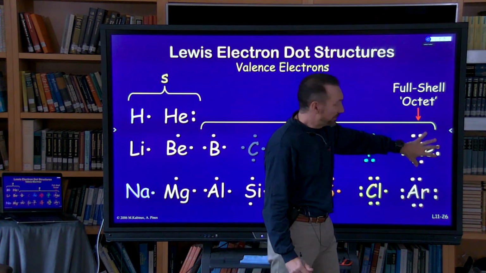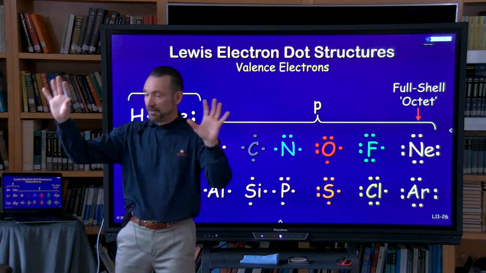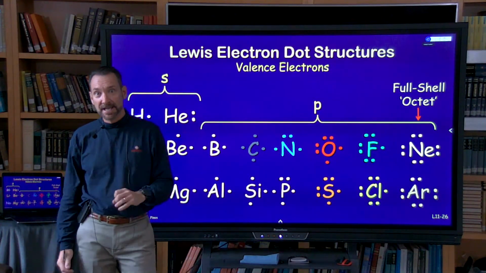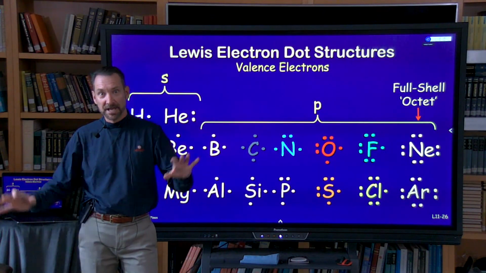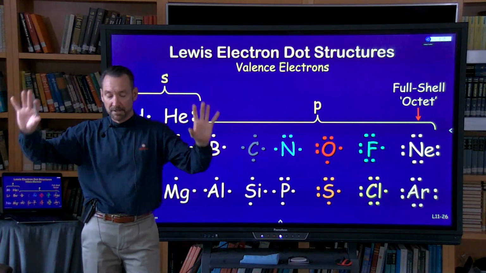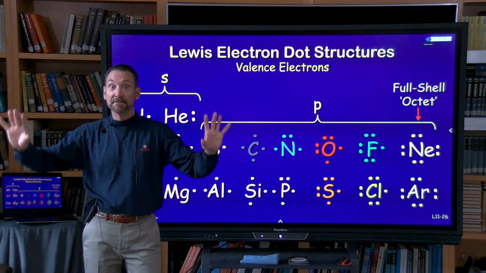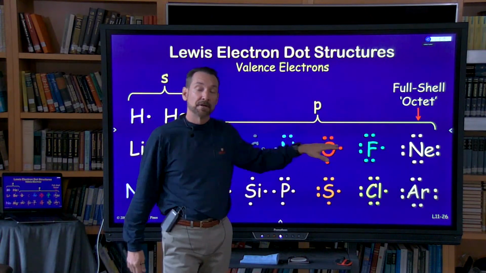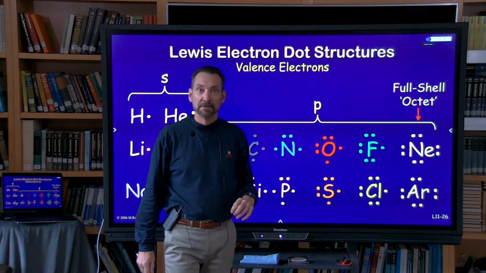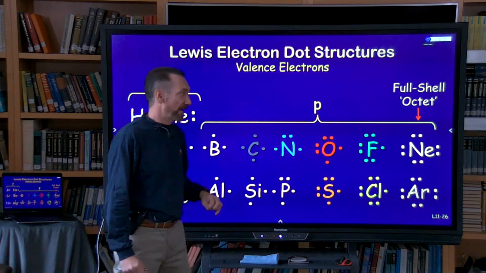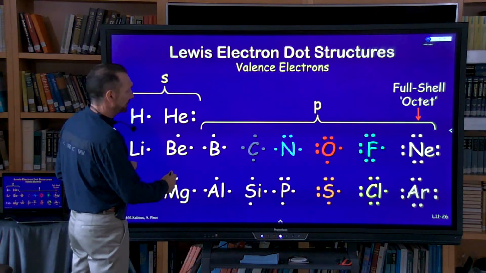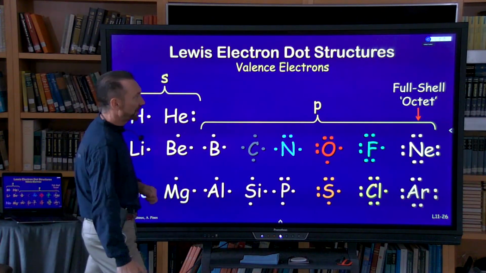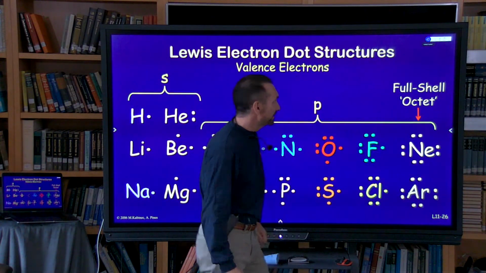So if you can get the elements, even in molecules, to have 8 electrons, that replicates the closed 2s or sp quantum shell, and that's what lends the stability, the low energy to the bond. So we call the full shell an octet because of 8 electrons.